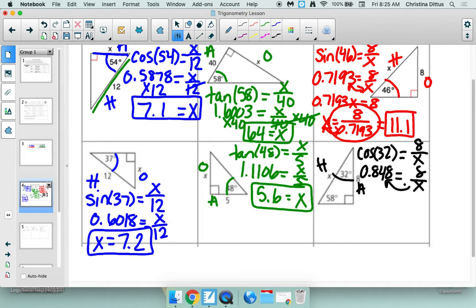Yep. Flip your x. So x is 8 divided by 0.848, or multiply by x divided by the decimal. Same thing. 9.4. You are a genius. That's good.